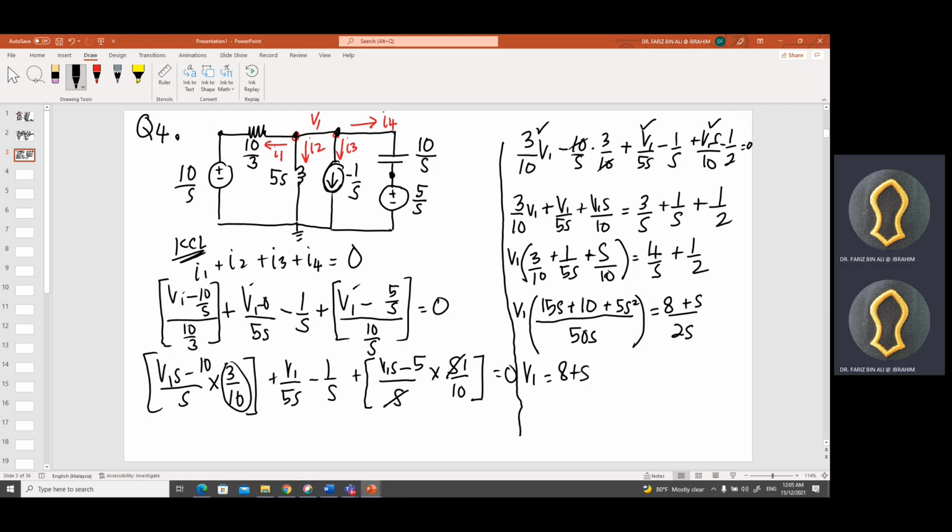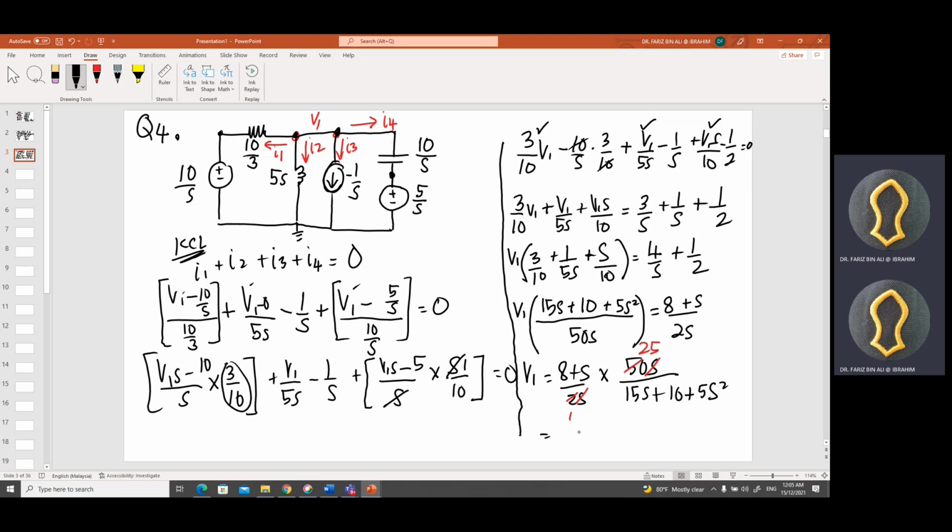So I have 8 plus S over 2S initially times with 50S divide with 15S plus 10 plus 5S squared. So cancel what you can cancel. Simplify this. I can cancel, for example, S, cancel that. And then I cancel 2 with 25. Okay, and then what else we can cancel? That's it.